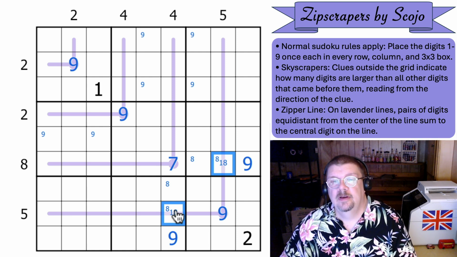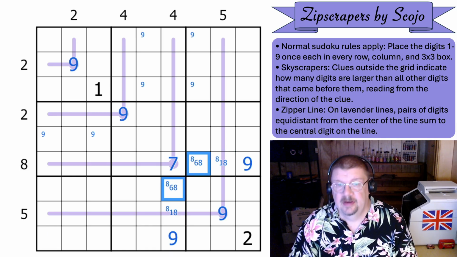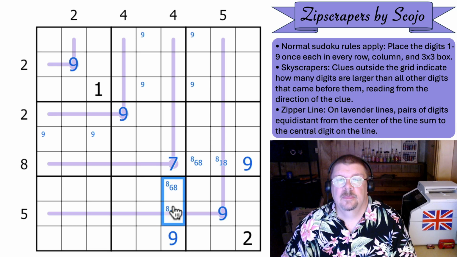And now that we know that the missing digits are summing to 7, this has to be a 6-8 pair. Okay, so that is actually a pair. That's a 1-8 pair. And now 1 and 6 are missing from here.